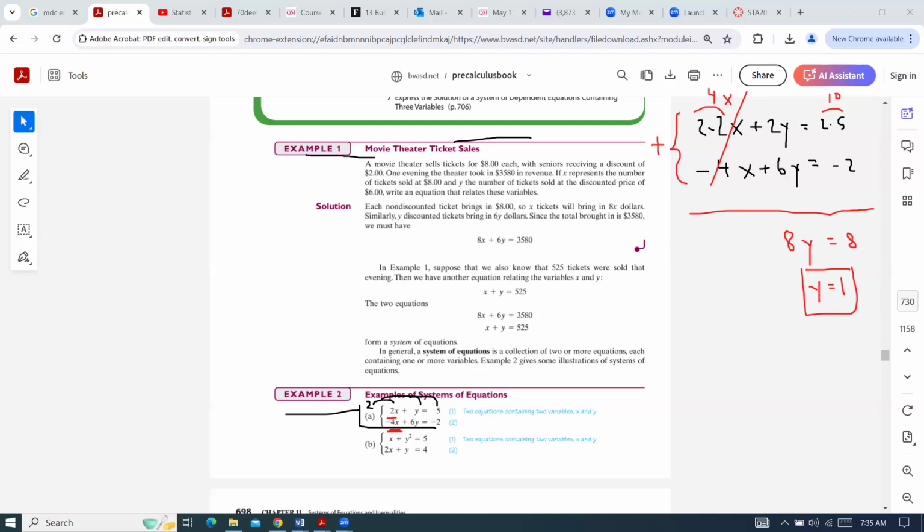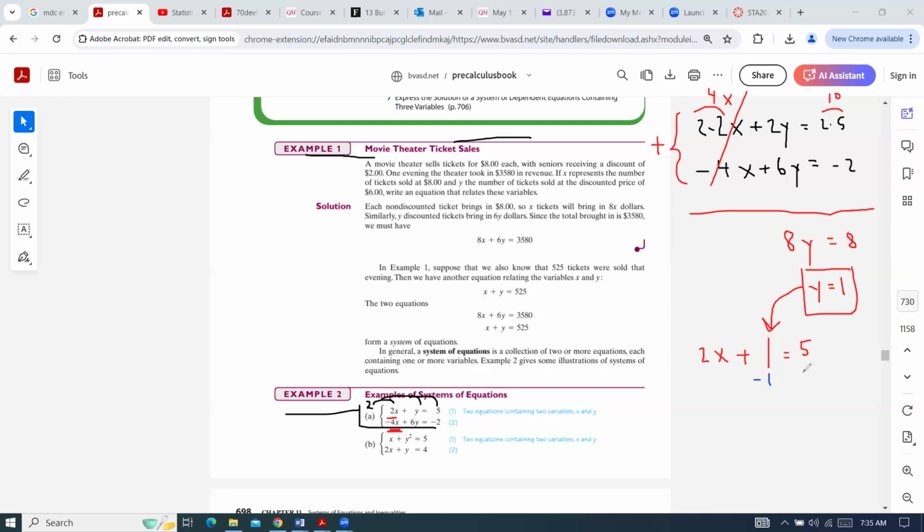The question is, what about another unknown? What about letter x? So I'm going to take this equation that we just worked with, 2x plus y. Now we put plus 1 instead of y is equal to 5. So we can see what x is equal to. We do some solving of the equation.